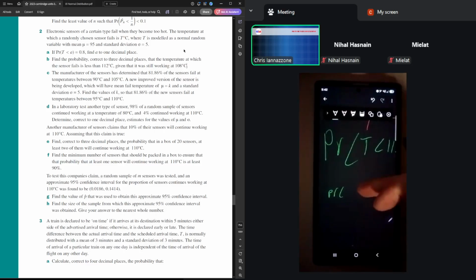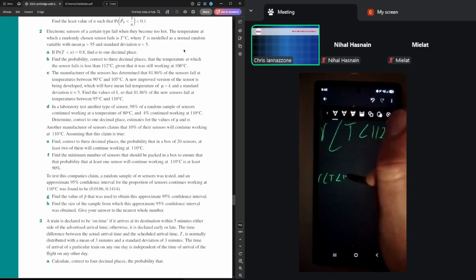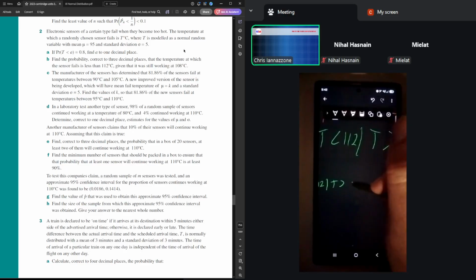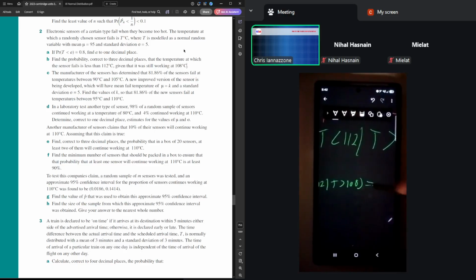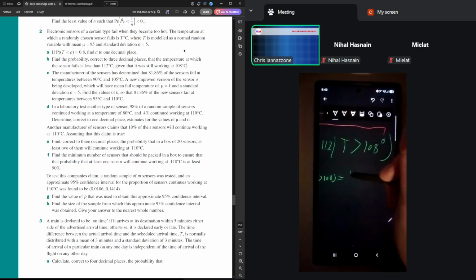So it was probability T less than 112 given T greater than 108. And we're just going to expand that out with the actual conditional probability formula itself, which is the intersection of the two things.